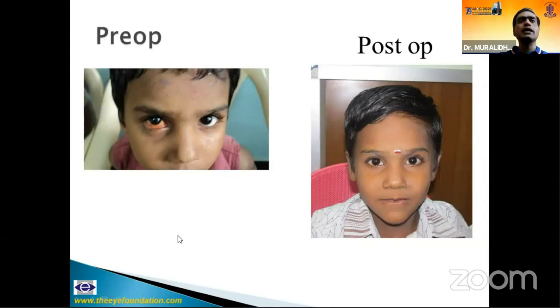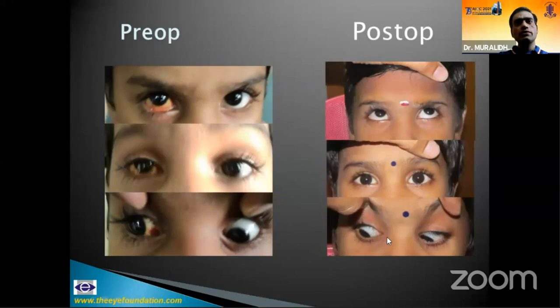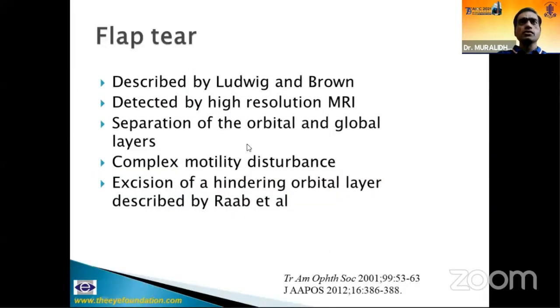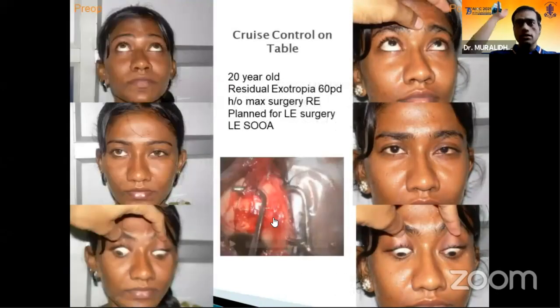So the orbital layer was simply excised, and that restored the alignment. It was just acting as a mechanical hindrance to depression. So the orbital layer was sacrificed, and we managed to restore a very good, complete alignment with no diplopia in this patient. So this is the flap tear, and this resection of a hindering orbital layer has been reported in JAPOS. It was not our paper, it was Raab et al.'s paper, but that helped guide us.